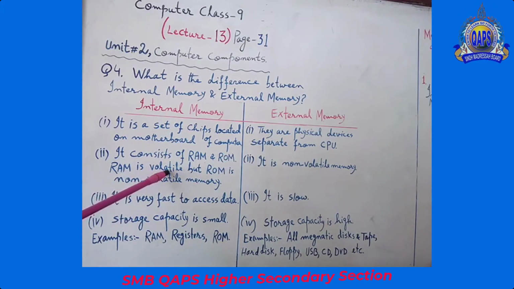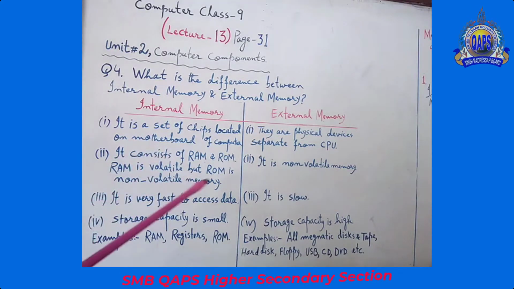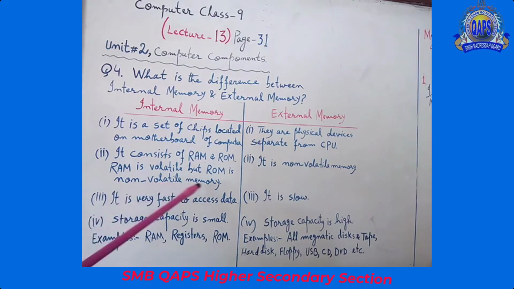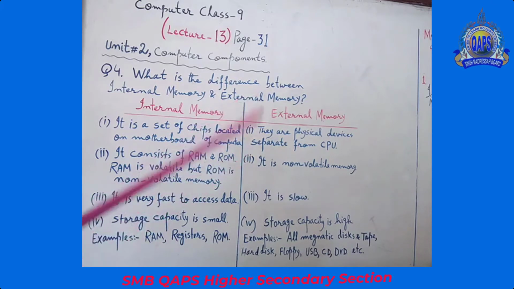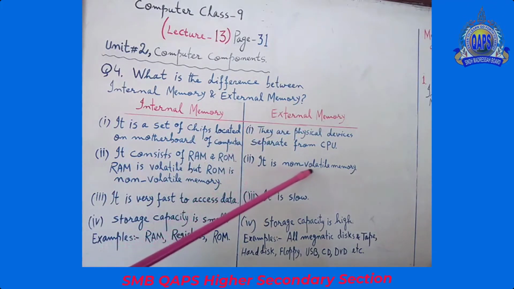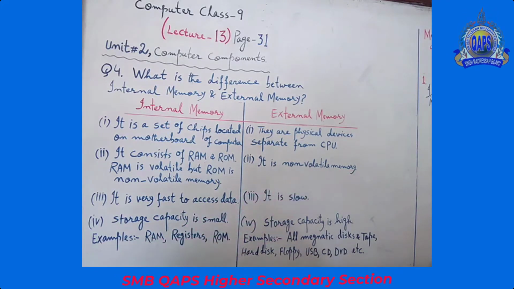Volatile means temporary. RAM is volatile but ROM is non-volatile. Non-volatile means permanent memory. Number two, external memory. It is non-volatile memory. That means it is permanent memory. Understand what I am saying? Permanent.